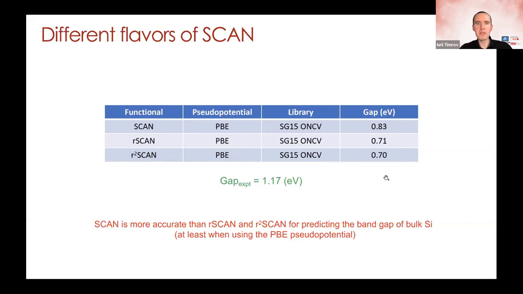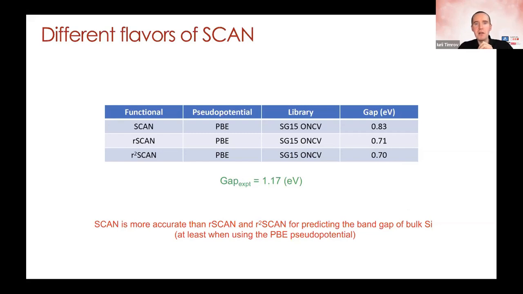You can perform these tests later because we have just 20 minutes left or so. You can play, just specify r2scan in the input file and repeat the calculation, and you should obtain exactly the same value. But the take-home message is that the SCAN functional is indeed very accurate. It's often better than LDA or GGA.